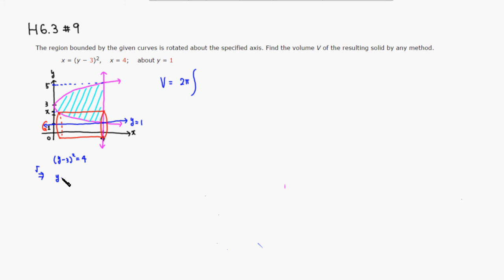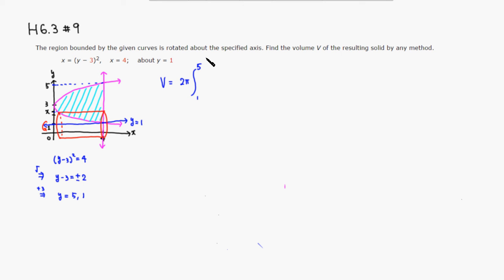So y minus 3 is equal to the square root of 4, which is 2, but you have to consider the positive and the negative. Then we simply add 3 to both sides. y is going to be 2 plus 3 is 5, and negative 2 plus 3 is 1. So that's why we get 1 and 5. So the region starts from 1 and ends at 5.